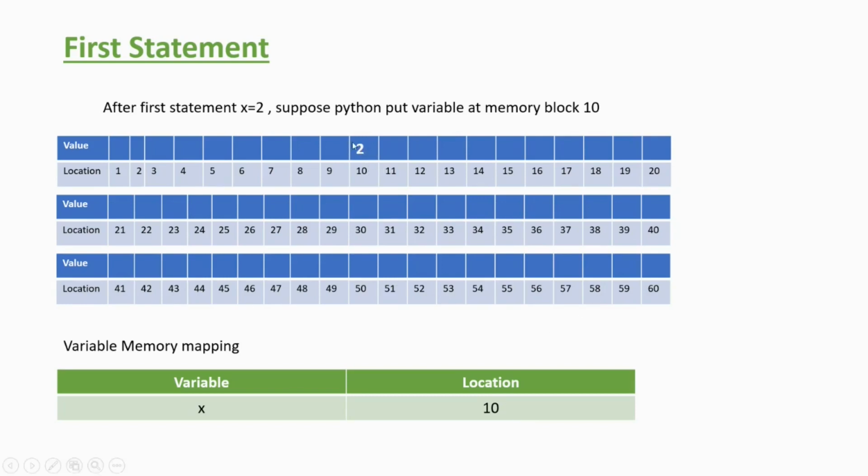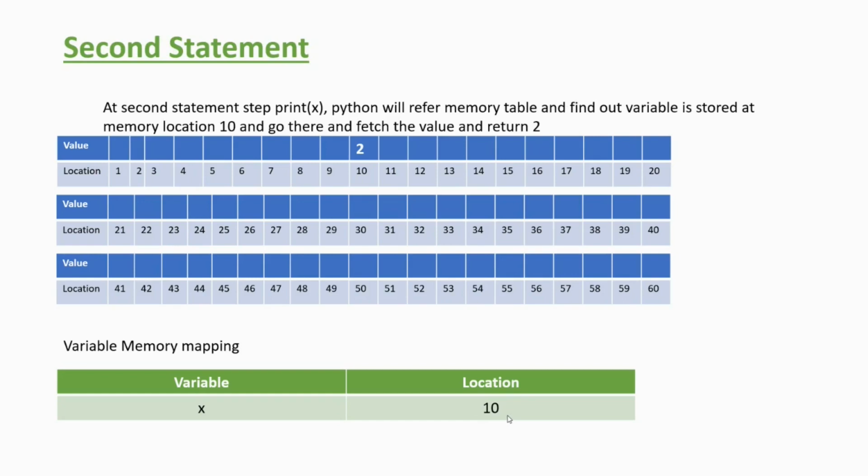You can see here, at the same time, Python must be maintaining some type of mapping of location with the variable. At the bottom, we have a table which says variable x is stored at location 10. Now what will happen when we run the second statement, print x?